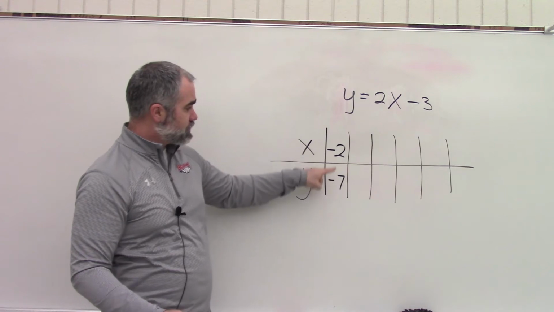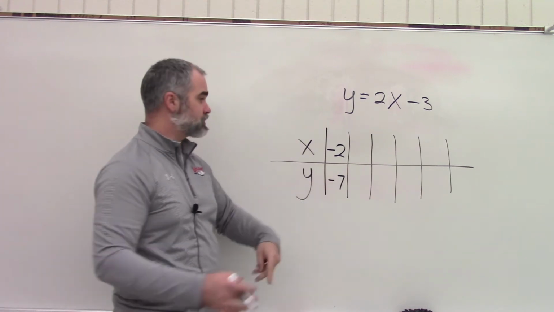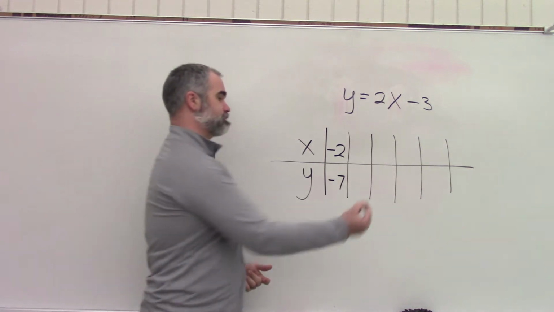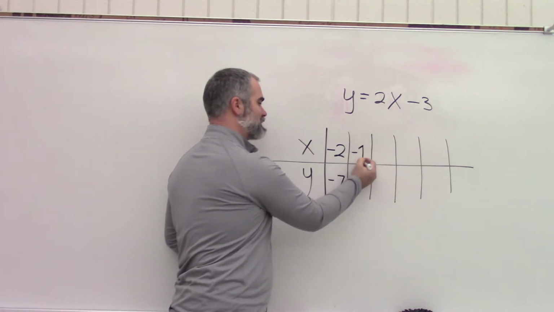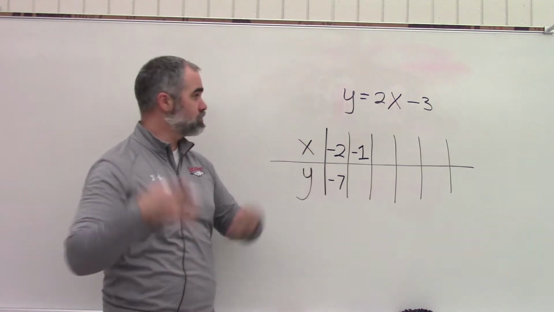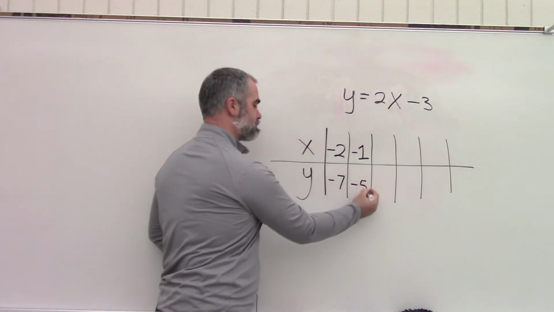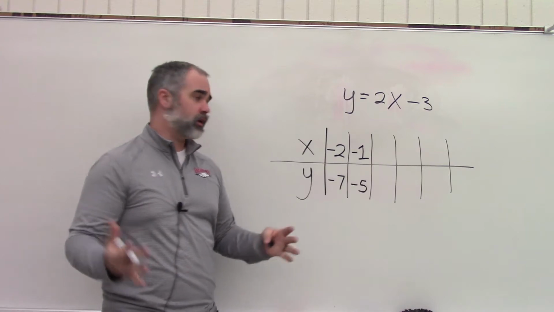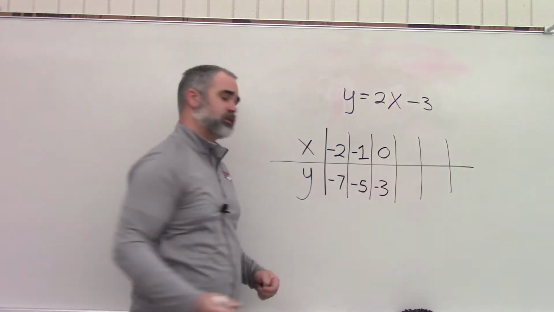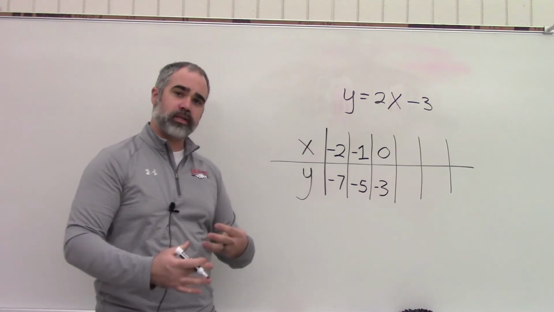And I can see that there's a relationship between these two variables. What I'm going to do is I'm going to choose to go up by 1 each time for x. So up 1 on the number line is negative 1. Negative 1 times 2 is negative 2, minus 3 is negative 5. And what you see here is that this is another way of visualizing how this relationship between x and y works.